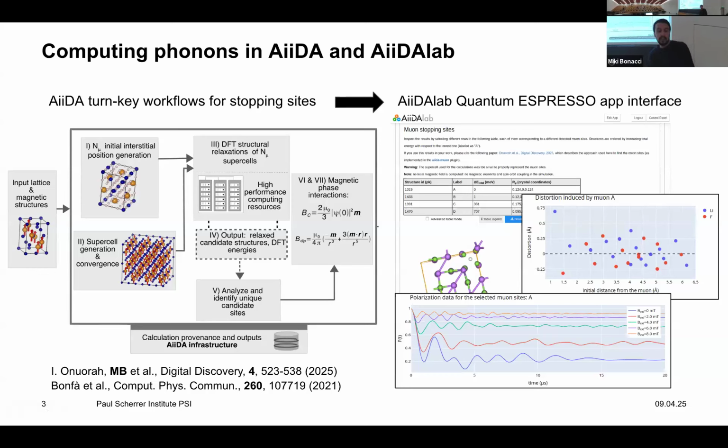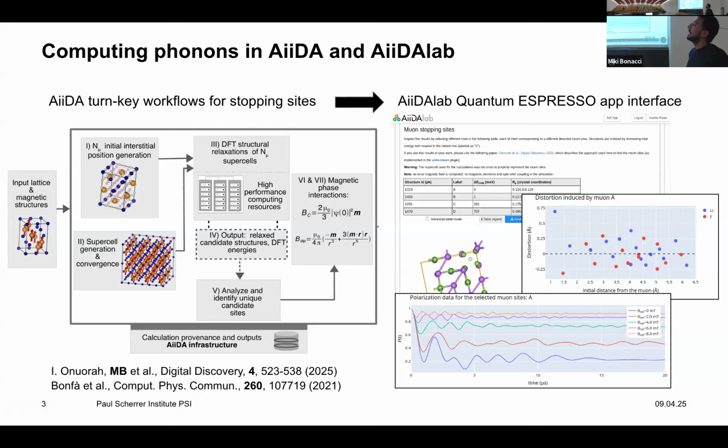Then the workflow automatically generates several interstitial trial positions. After that, it computes for each of the trial sites the relaxed optimized geometry of the supercell of our system plus the defect inside.